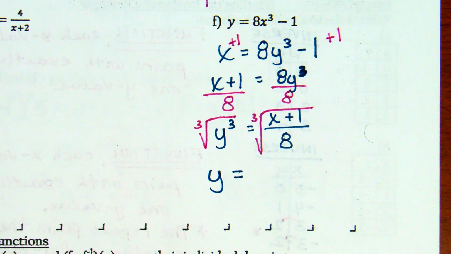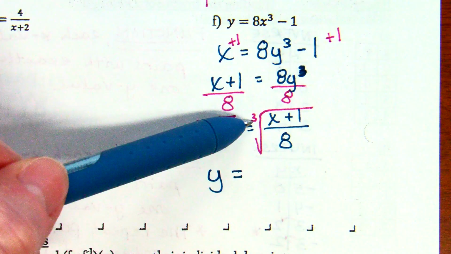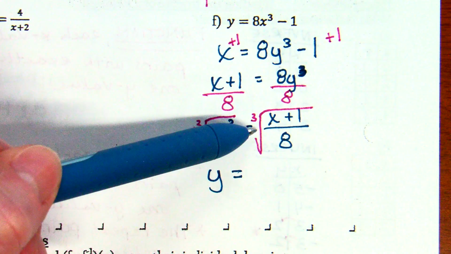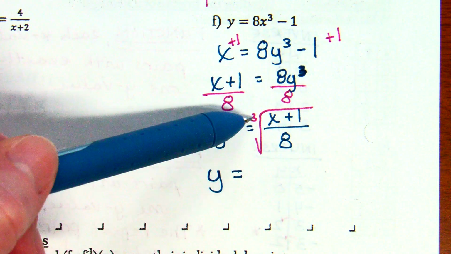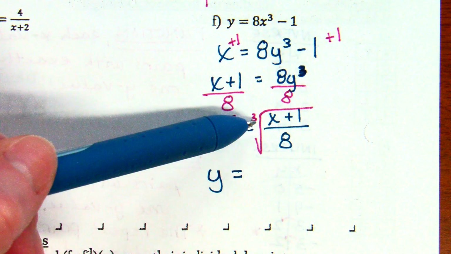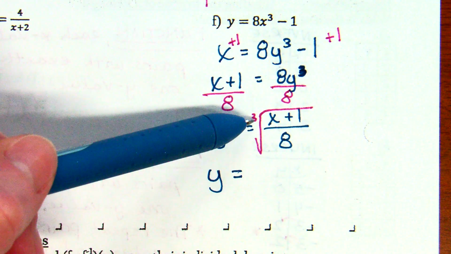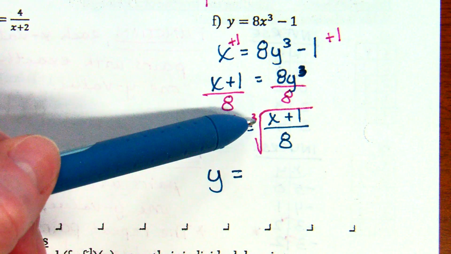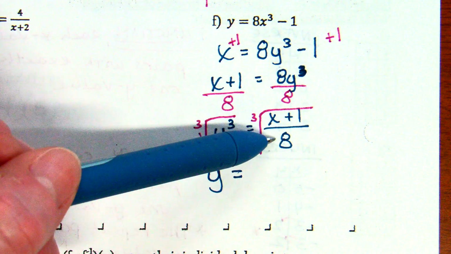The cube root of 8 is 2. And so what we can write this as is the cube root of x plus 1, all over 2, where the 2 is no longer in the radical. And of course, if we put this in inverse notation, f inverse of x equals the cube root of x plus 1 all over 2.